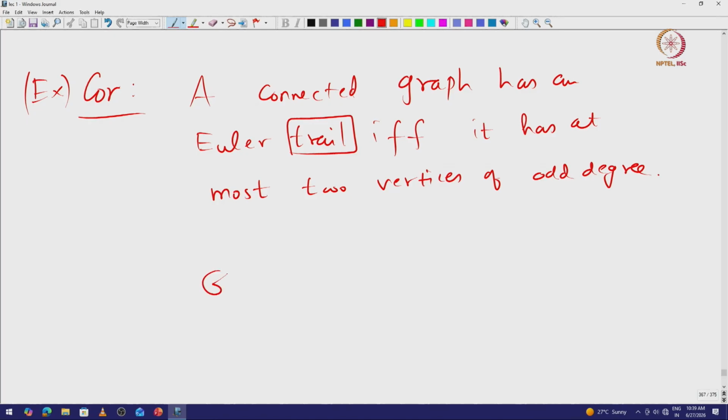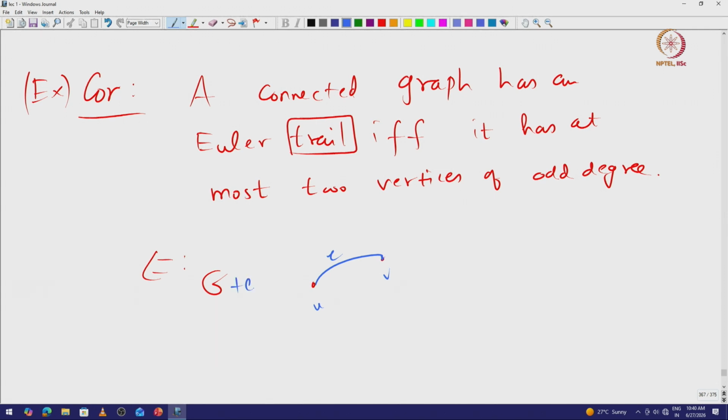If you have G, the converse part is somewhat involved. For the converse part, if G satisfies this condition, so then you have two vertices of odd degree. Then you introduce a new edge E between those two vertices.